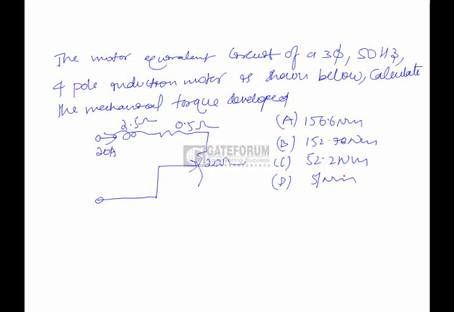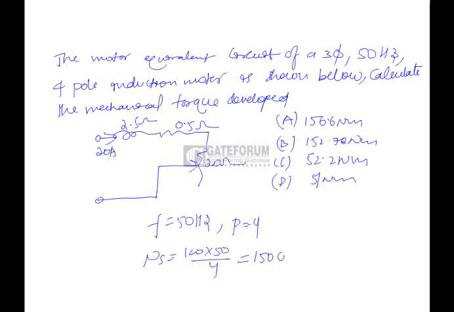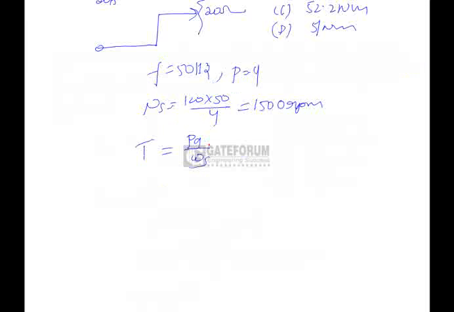In this question, we have to find mechanical torque developed by the 3-phase 50 Hz 4-pole induction motor. Given frequency is 50 Hz, number of poles is equal to 4. Synchronous speed of the induction motor is given as 120 into F by P, which is equal to 1500 rpm. Torque developed by this induction motor is Pg by omega s, that is air gap power by synchronous speed in radians per second.